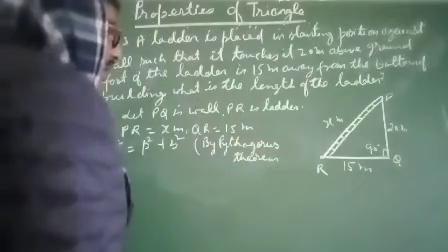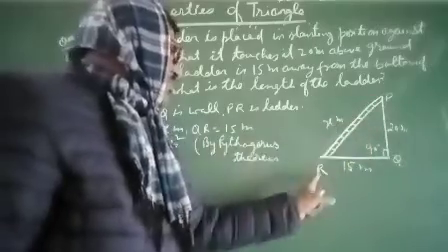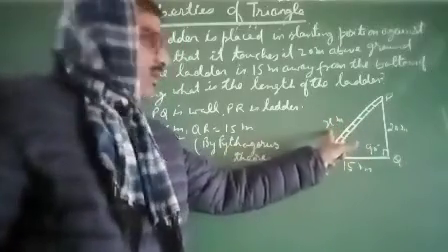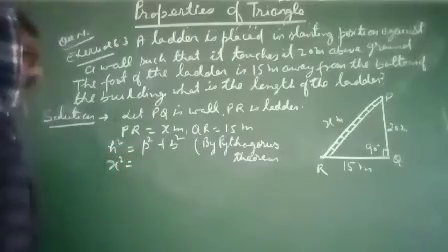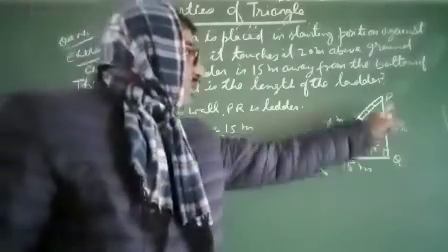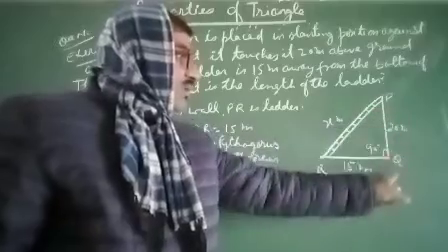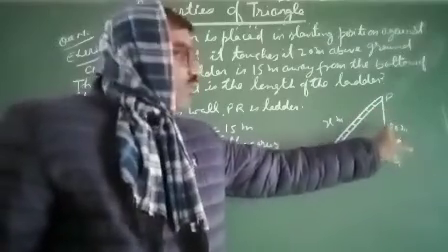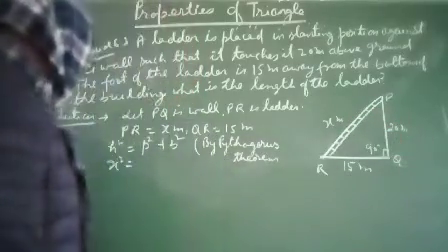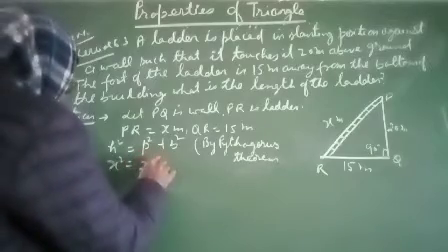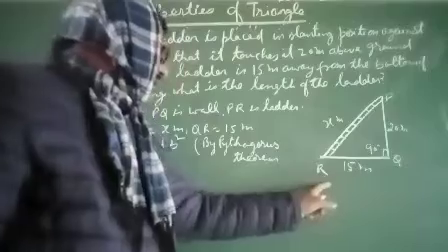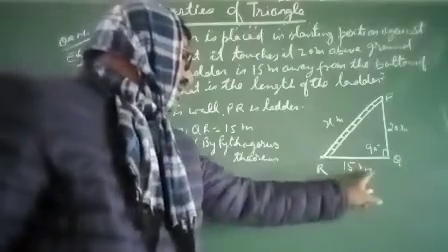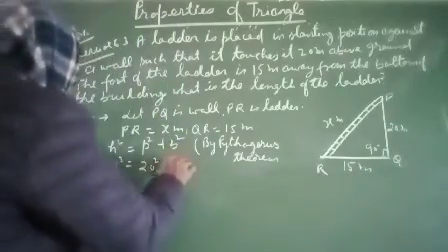Here hypotenuse PR equal x. Then x square equal perpendicular square. That is PQ is the perpendicular, and the length of PQ is 20. Therefore 20 square plus, that is the base, 15 square.